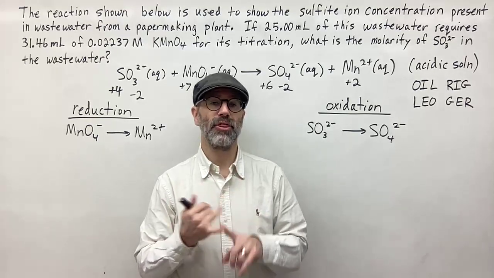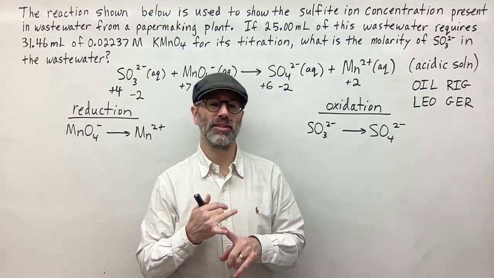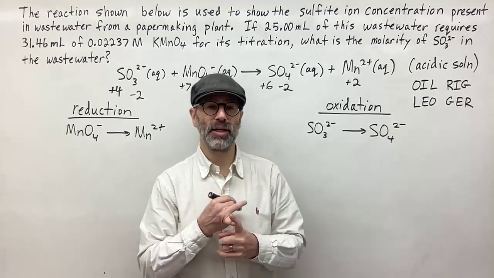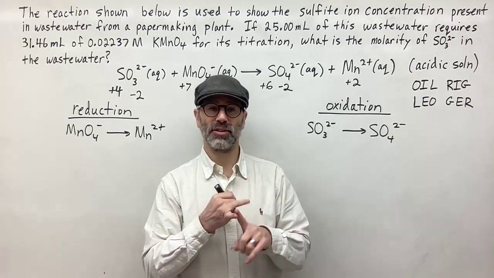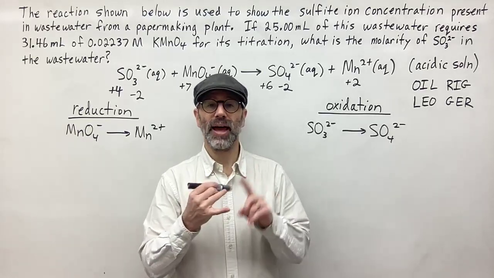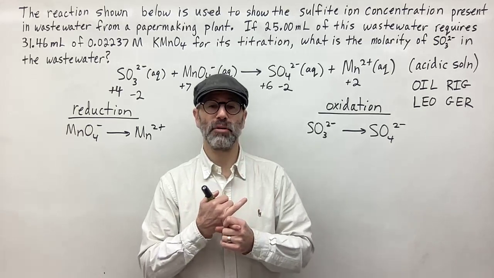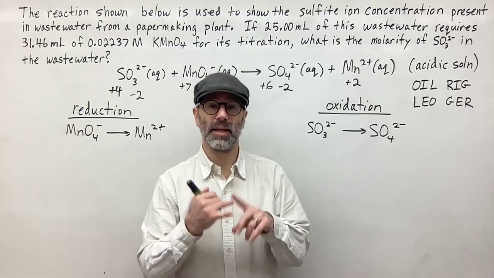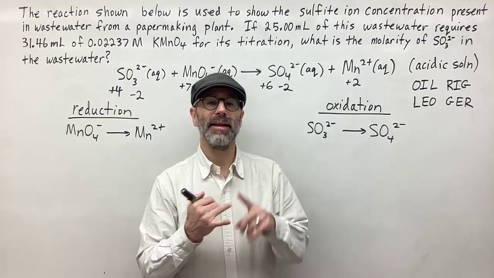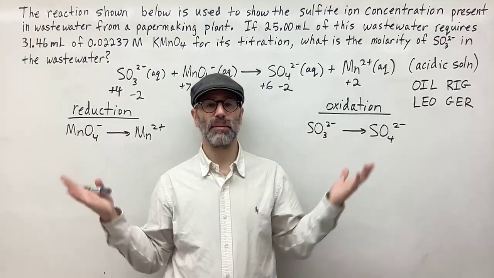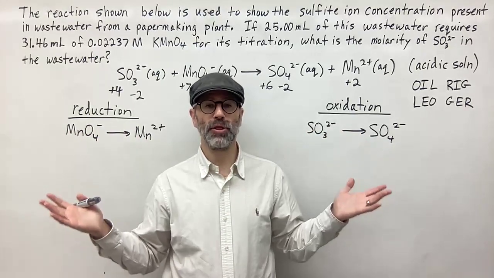And then third, make sure that the electrons on both sides are equal, right? So we're going to balance the number of atoms like we normally do when you balance your equations. And then in addition to that, we're going to have to balance the charge. And the way we balance the charge is by adding electrons. And then once you add electrons, you've got to make sure both half reactions have the same number of electrons. So those are the 3 steps.